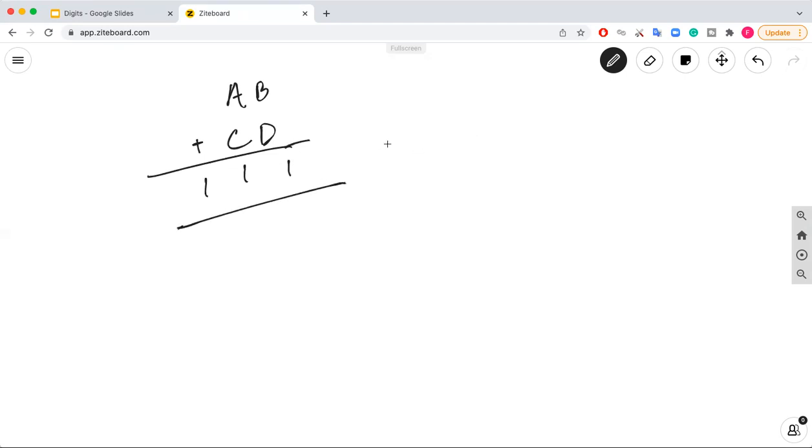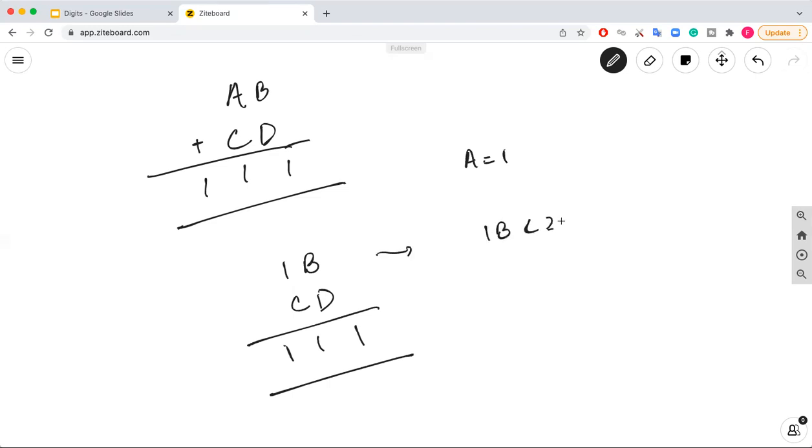And what we've discussed is that the sum of two-digit integers must be less than 200, right? Based on this, A must be 1. So this is 1B plus CD equals 111. The first thing is that 1B must be less than 20, because it starts with 1.